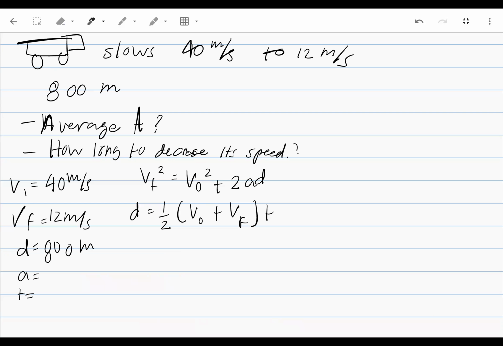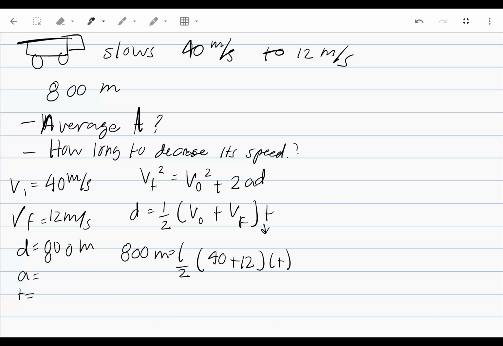And you would plug in your velocities and distance. So it'd be 800 meters, which is how far the truck traveled, equals 1/2 times your initial, which would be 40, your final, which should be 12, times time, which is what we're looking for.